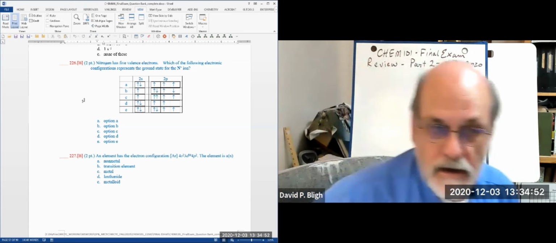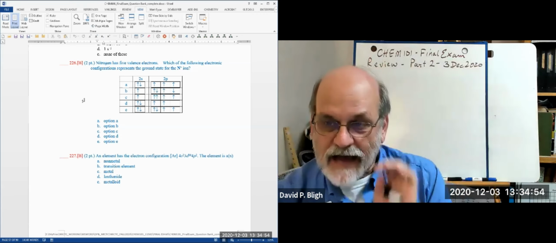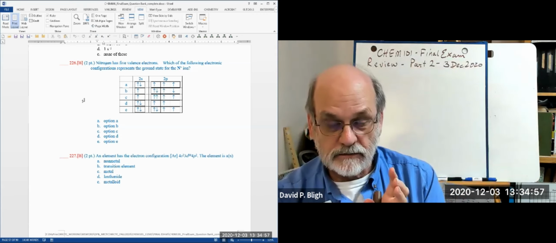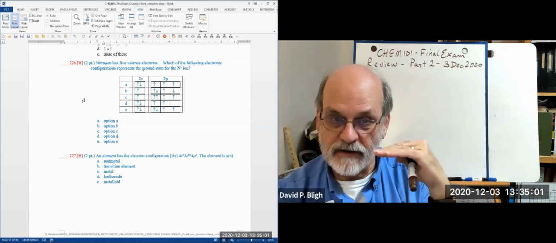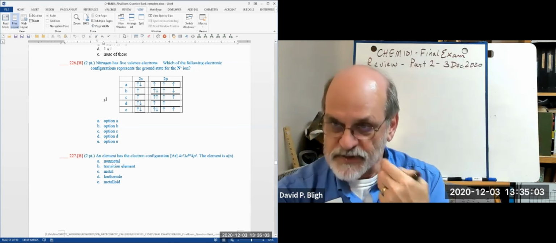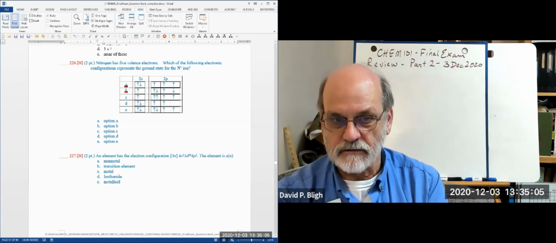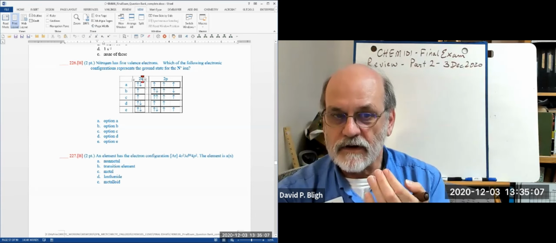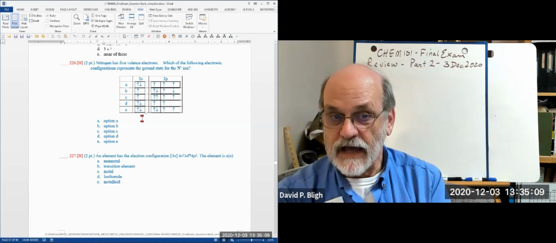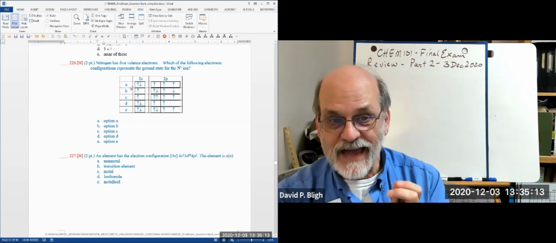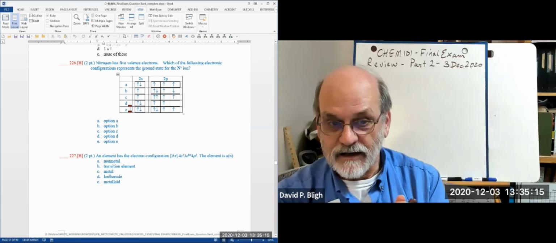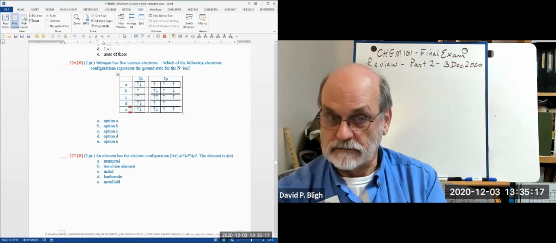Nitrogen does have a 1s orbital, but the valence shell we're talking about is the second period, right? So we only have to position 6 electrons. So we have 2s, and the 2s has to fill before the 2p. So that means A, D, and E are possible.